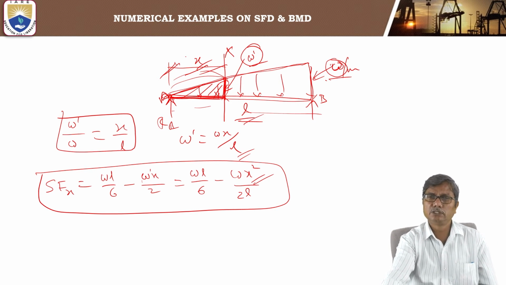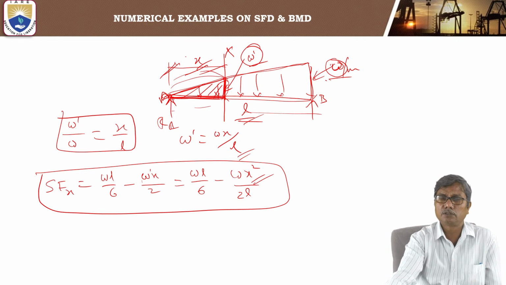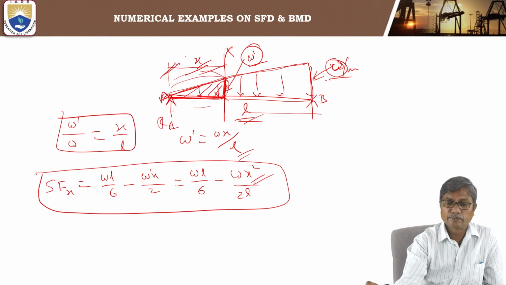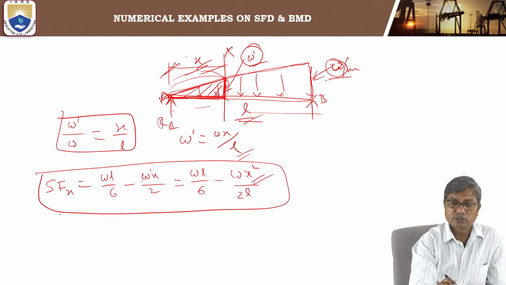In case of UDL, uniformly distributed load, the shear force variation is linear. And in case of point loads, if there is no load acting between 2 point loads, then the shear force remains constant between those 2 points. So that's how the shear force varies.